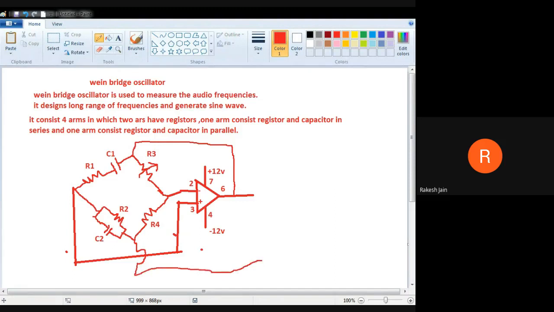Where this R4 and R2 meet is connected with the output side, and actually we denote it with connection with the ground.